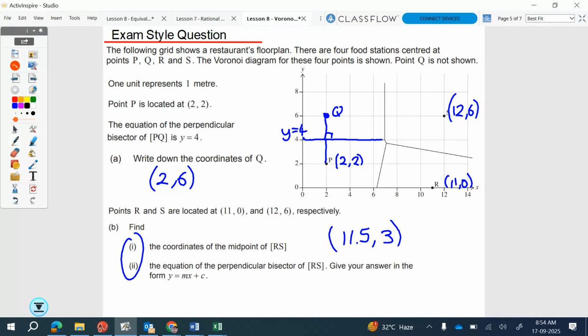Find the equation of the perpendicular bisector. To get the equation of the perpendicular bisector, we need to find the equation of this line. This is the perpendicular bisector. We have no coordinates as yet on that line, apart from the one that we just calculated at (11.5, 3).